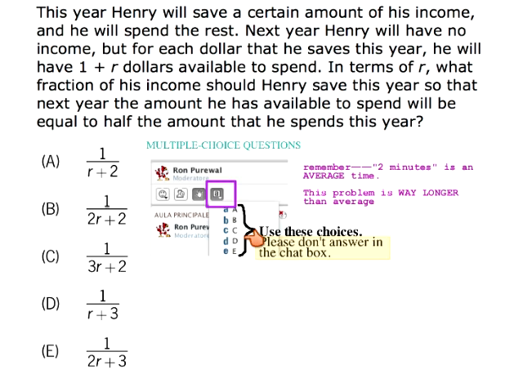So pick something, please. We're going to get started on it, but if you still don't have an answer yet, just make sure you know the test isn't going to let you skip it.